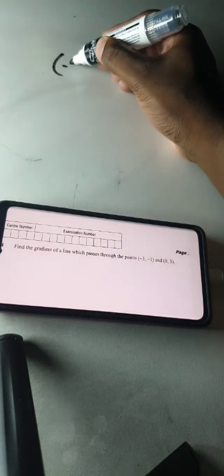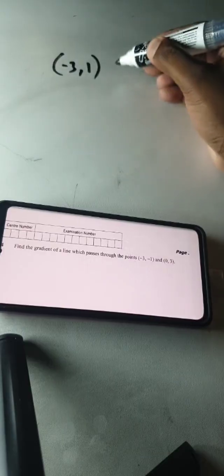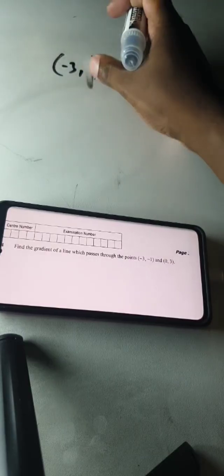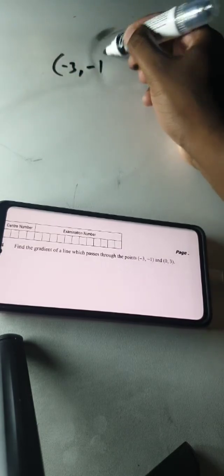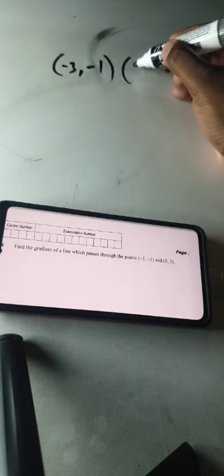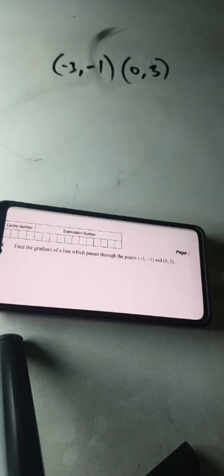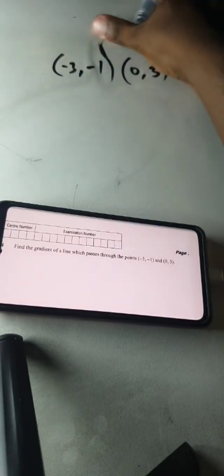So we have been given 2 points that this line is passing through, and we need to find the gradient. So we have -3, -1, sorry, comma -1. Then you have 0, 3. Is that okay? Good.